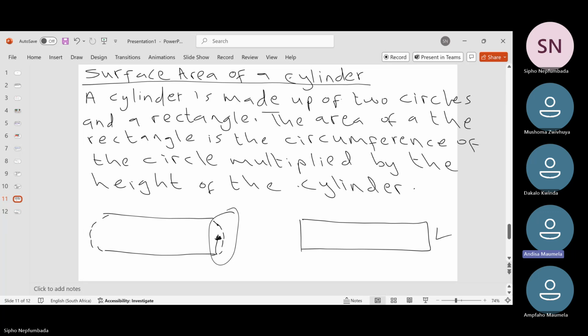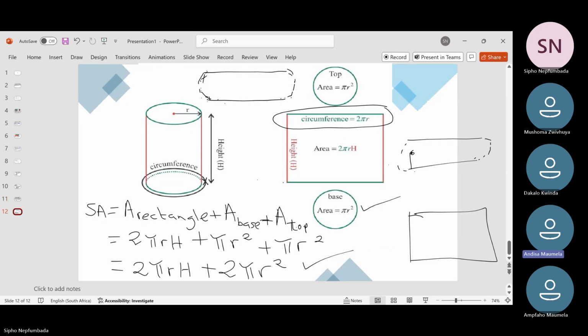Before we proceed, at the area of a rectangle, where they say 2 pi r times height, the 2, do we get it from the top and the bottom?